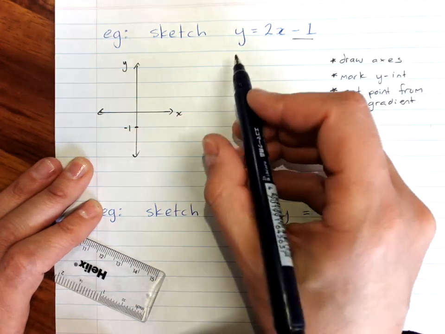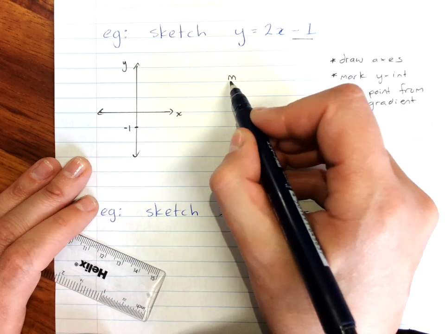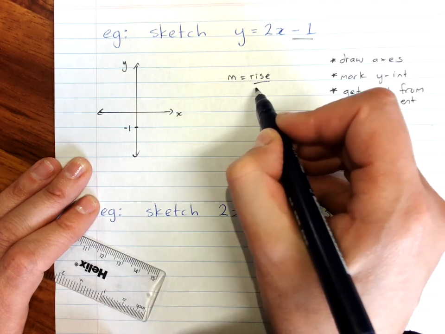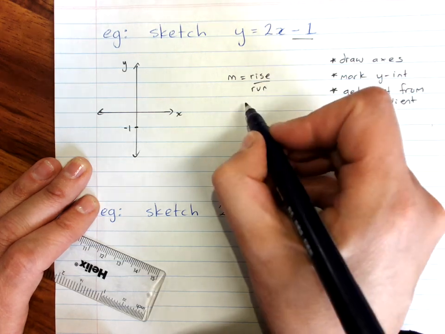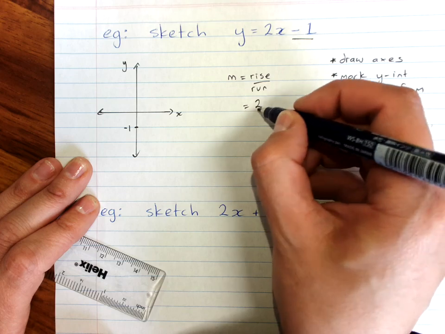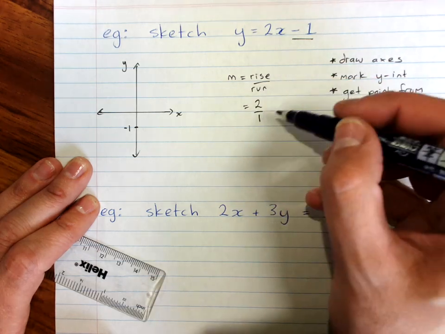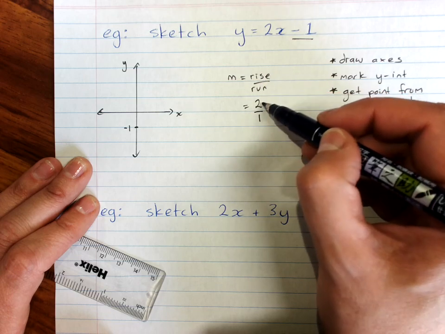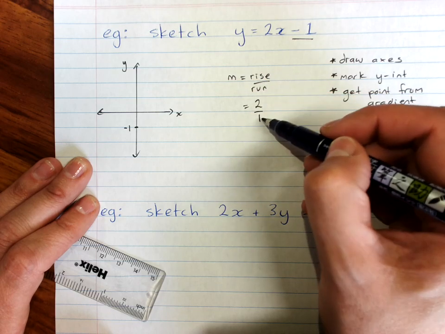Now you'll remember that the gradient, m if you prefer, is rise over run. Our gradient here is 2, which means if we wrote it as a fraction, that would be 2 over 1. That says I need to go up 2 and across 1.